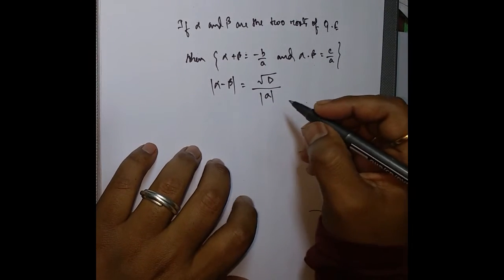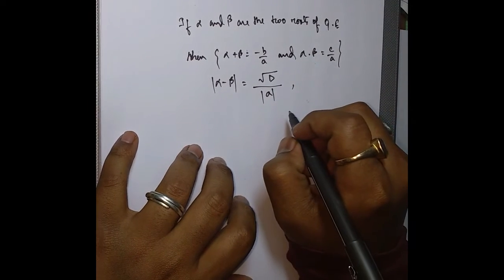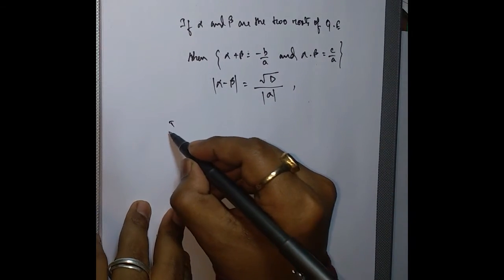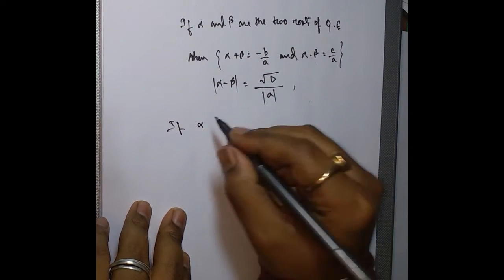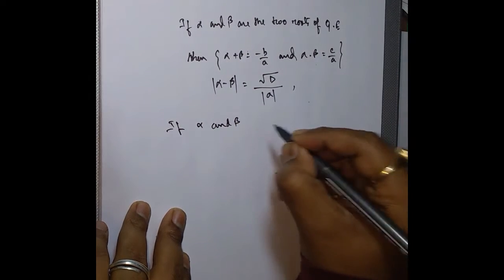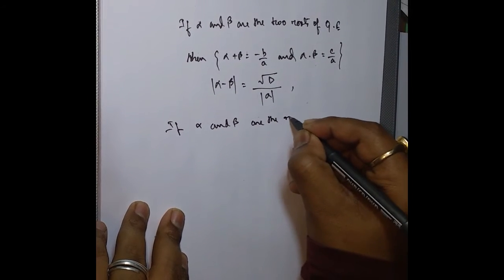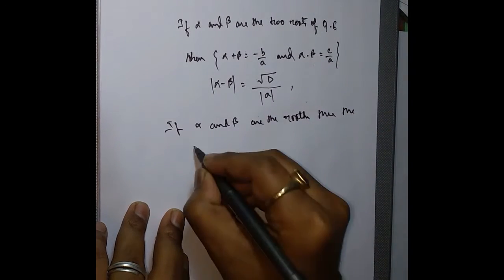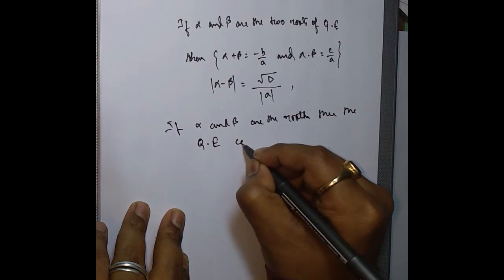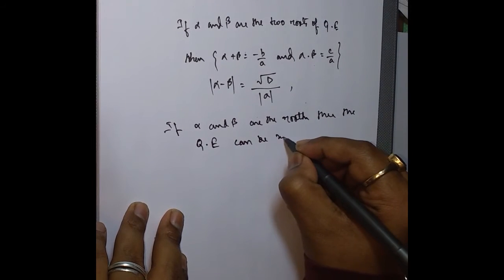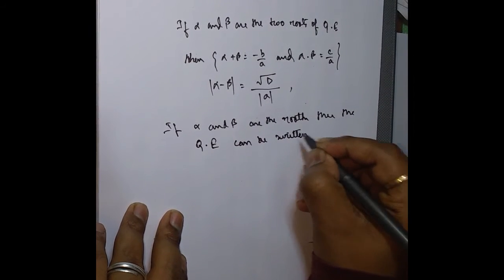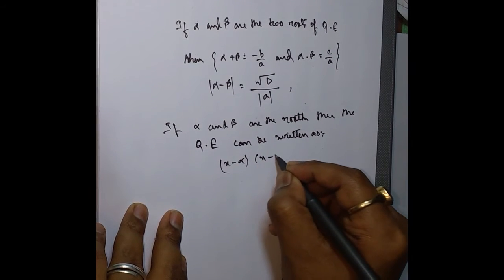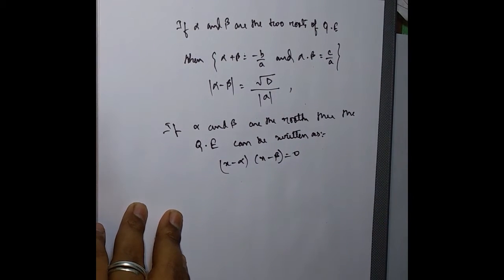Okay, now if alpha and beta are the roots, then the quadratic equation can be written as x minus alpha into x minus beta equal to 0.